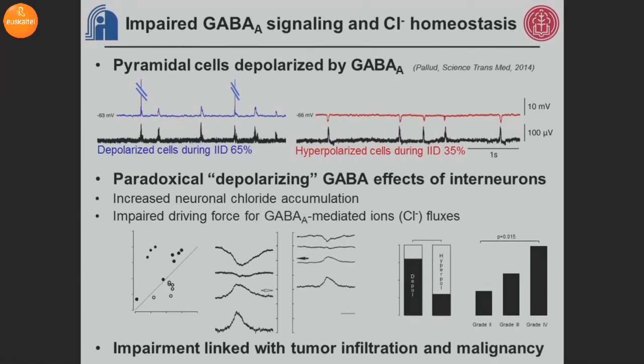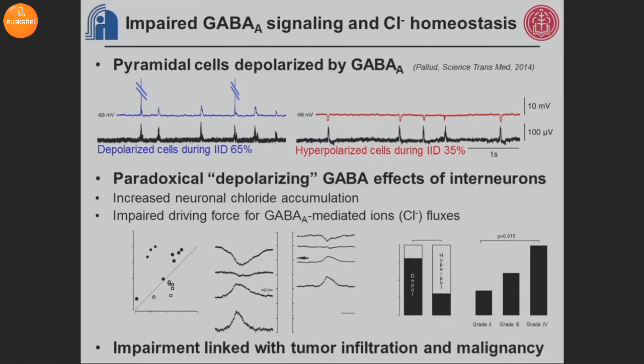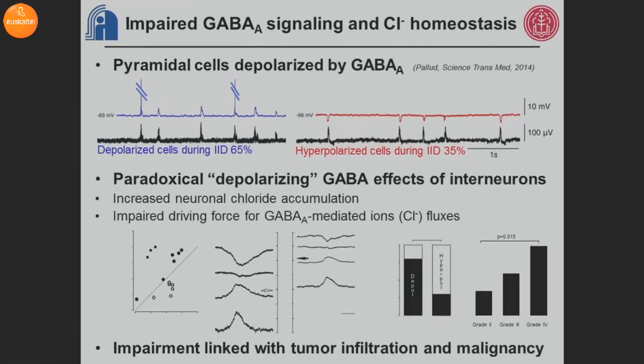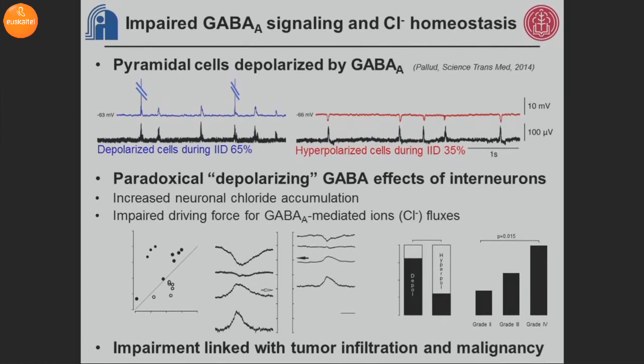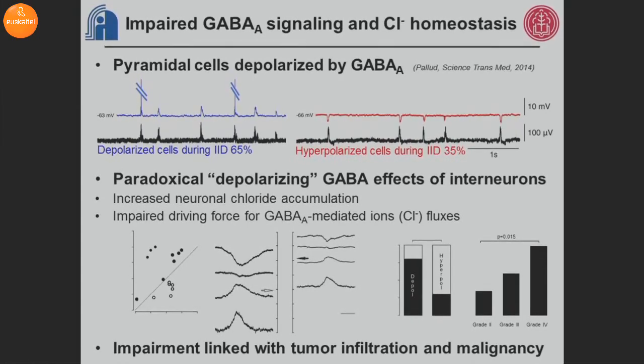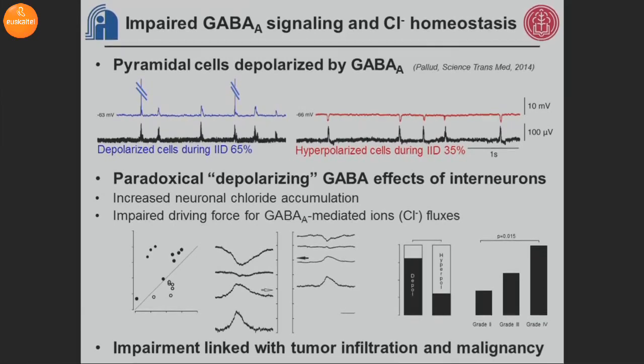So it is the demonstration of an impaired GABAergic signaling within neurons in the peritumoral environment, and it is due to an impaired neuronal chloride concentration. This depolarizing GABAergic effect was linked with the density of glioma cell infiltration and with the grade of malignancy.